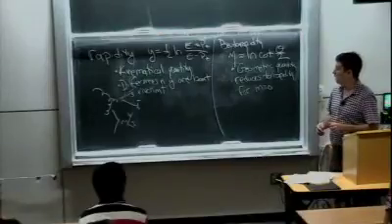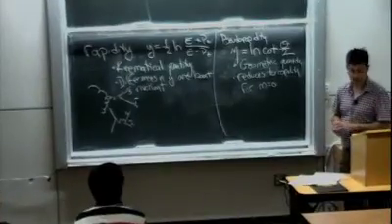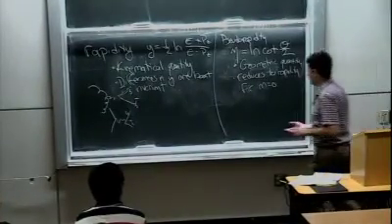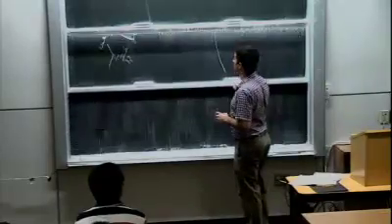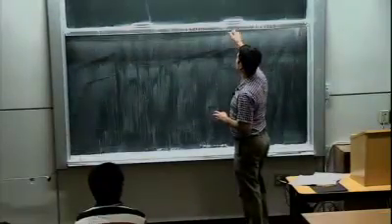Okay. So what are the kinds of things we can measure at a collider? The basic thing we measure is four-momentum. What we try to do is measure as well as we can the momentum of every particle.